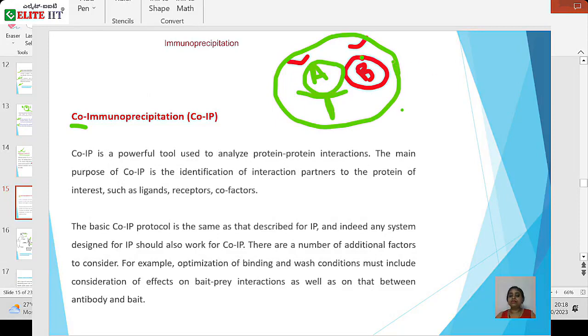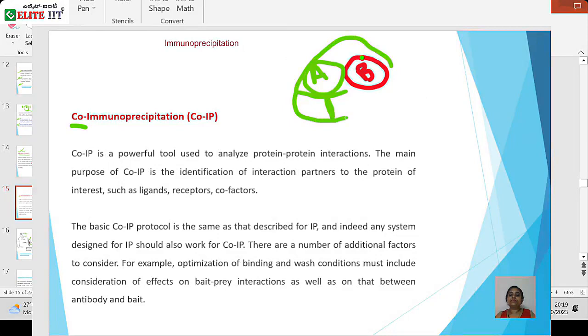Immunoprecipitation will be done for A and B as well as for the antibody against A. Clear? In the precipitation, you are not only getting A and antibody, you are getting A plus B plus antibody against A.